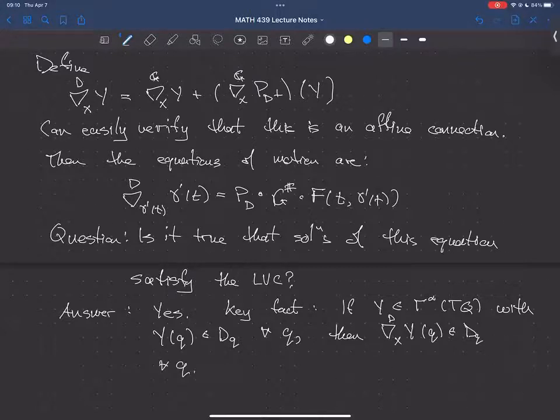What this says is that the covariant derivative leaves the linear velocity constraint invariant. So if you take a vector field in the linear velocity constraint, its covariant derivative with respect to nabla D is also in the linear velocity constraint.